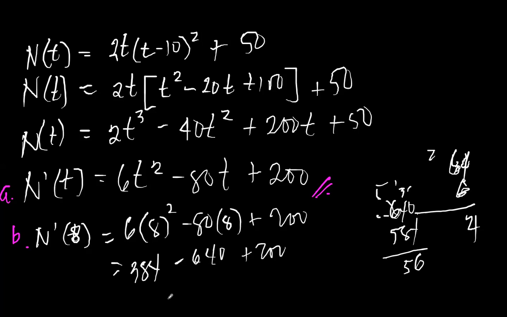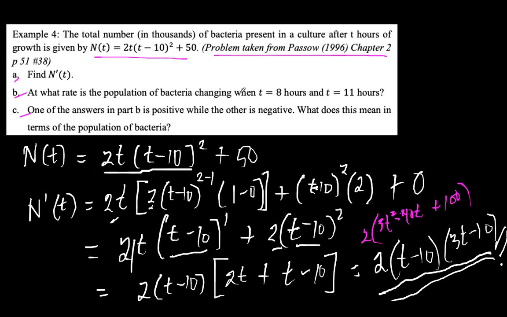So the answer here is negative 56. It means, guys, that after 8 hours the population of bacteria is decreasing by 56 bacteria per hour.